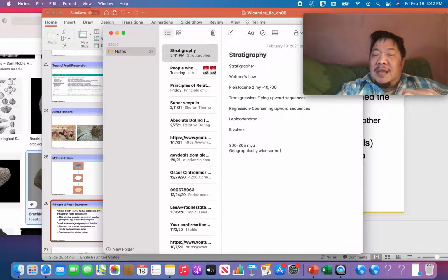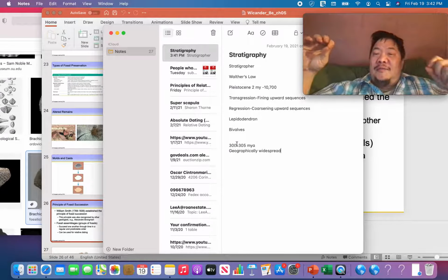Now, if we find that same type of fossil in Lexington, Kentucky, then we know that the rock that formed in Lexington, Kentucky, and the rock that formed in Knoxville formed at the same time. And these types of fossils can be used to find rocks that formed at the same time at different locations.